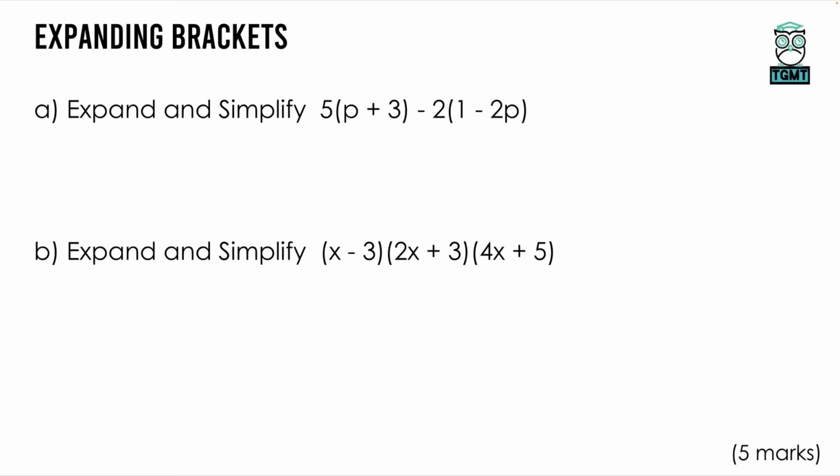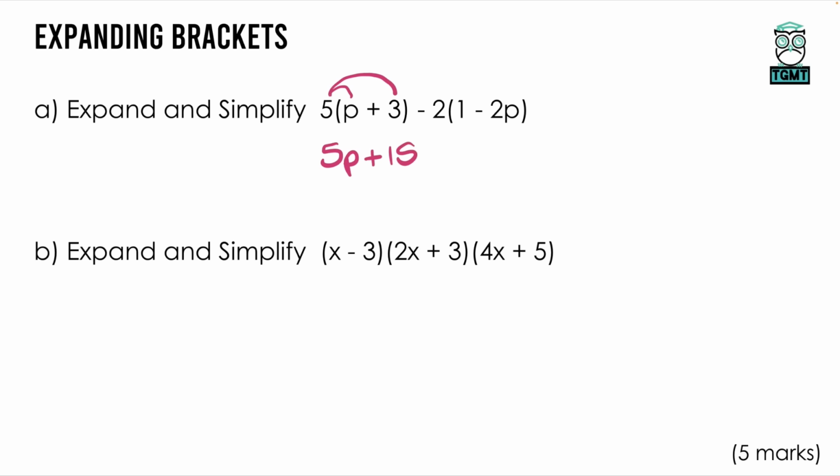When expanding brackets, of course, there's lots of different types of brackets, but we have two here where we're expanding two sets of single brackets, and we also have a set of 3 brackets. So when we're expanding single brackets, we just need to multiply what's in the bracket by the number on the outside. So here we get 5p plus 5 times 3 is 15.